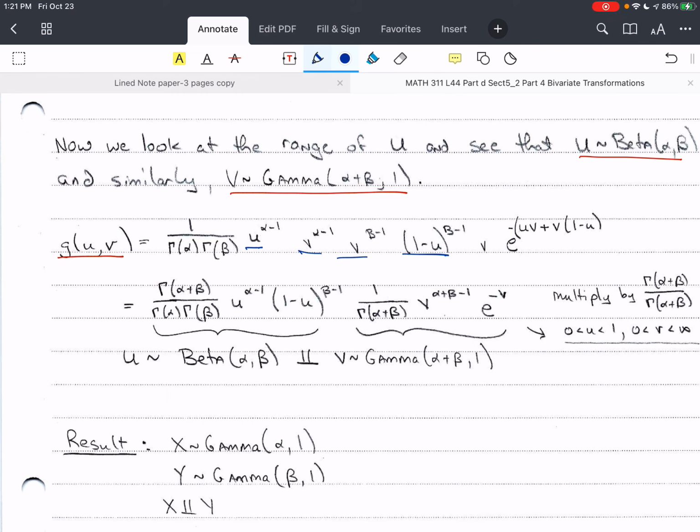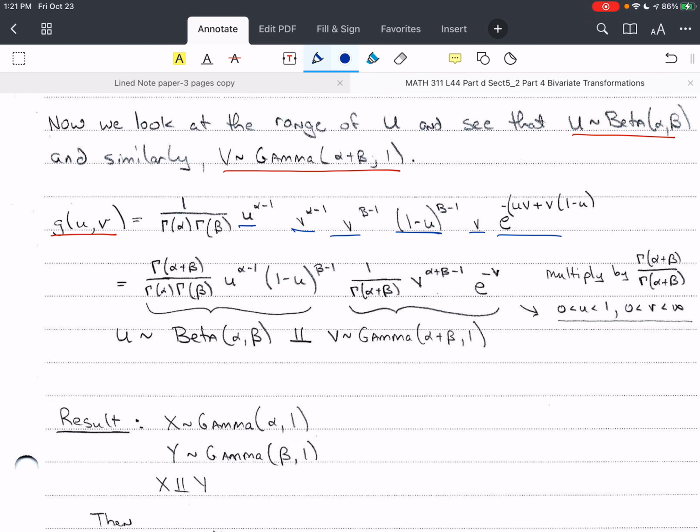Okay? And I'm breaking that apart, and when I put the u's, I have u's and 1 minus u's, I have v's, I have e here, I've combined the exponents, and then I use a trick. I multiply by gamma alpha plus beta over gamma alpha plus beta, and I separate them out in order to make u. So I put the u's together, so I take those, and I've got u alpha minus 1, 1 minus u, beta minus 1.